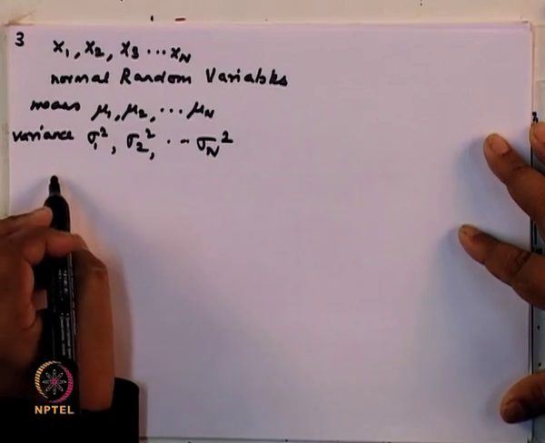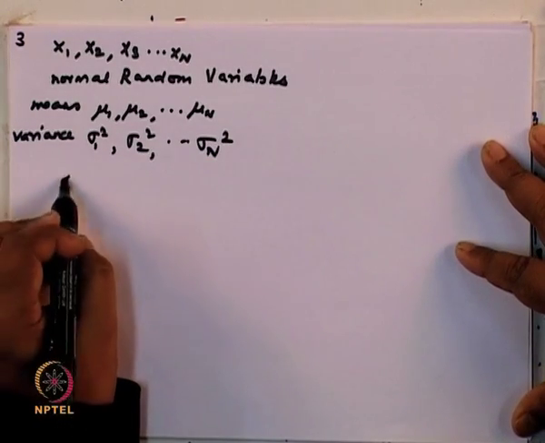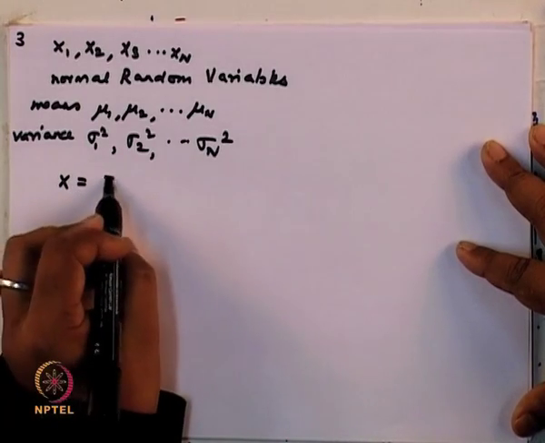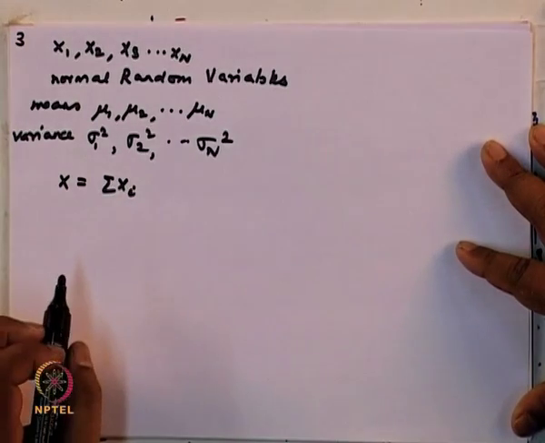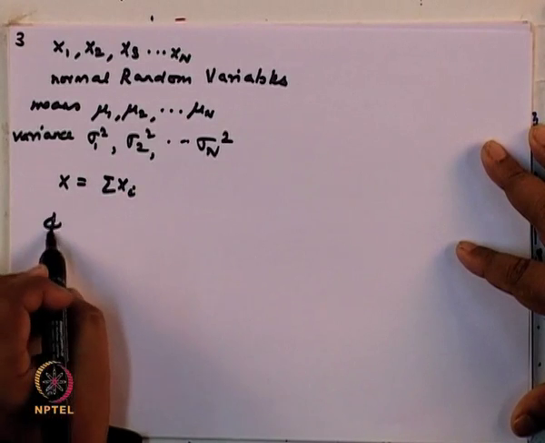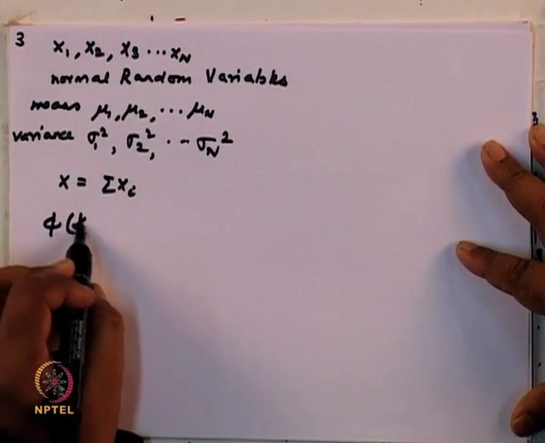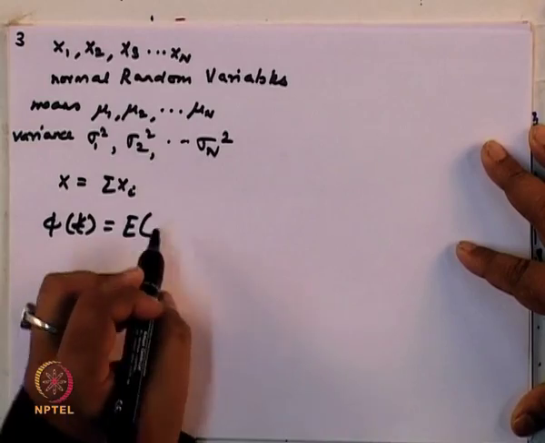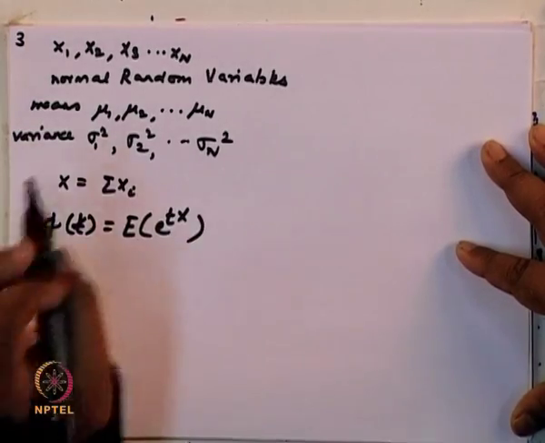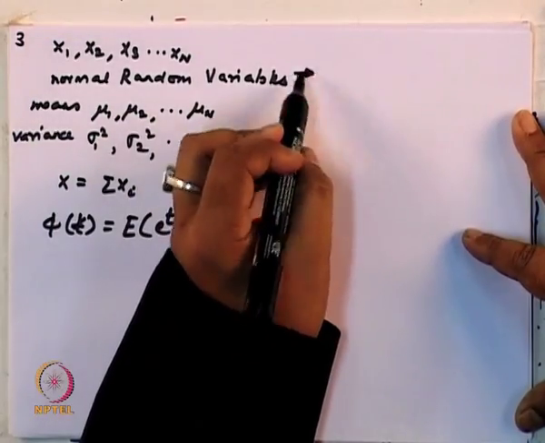Then, if you have a variable x which you define as the summation of xi, the moment generating function for this x will be phi of t equal to the expectation of e to the power t x. Now let us assume also that these random variables are independent.